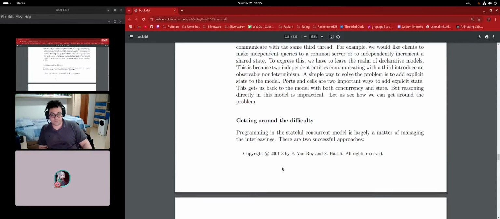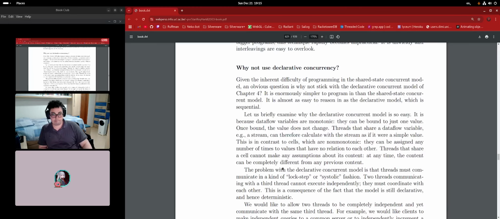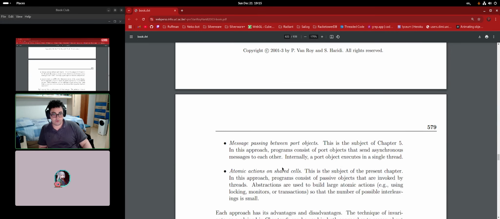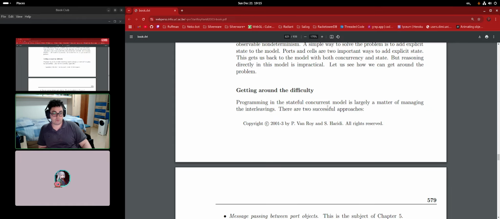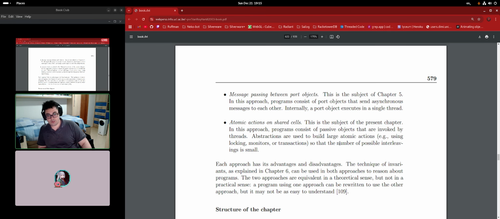Okay, so then we go into getting around the difficulty. Programming this full concurrent model is largely a matter of managing interleavings. You have two ways to do it: message passing between ports and objects, which we saw in chapter 5.